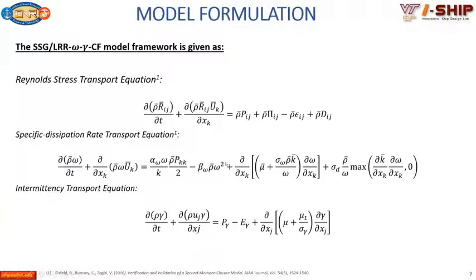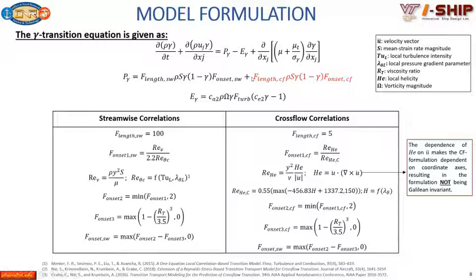The first two equations are adopted from Eisfeld et al.'s work. The only difference lies in the gamma transport equation, and specifically in the production term of the gamma equation. So the production is given as the sum of the stream-wise and the cross-flow components.